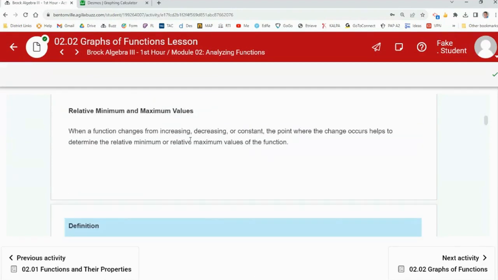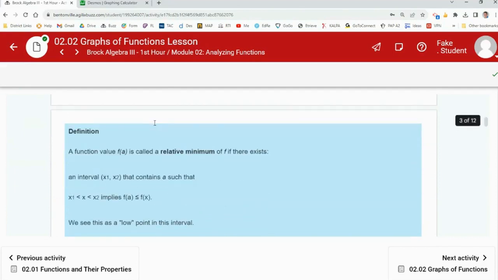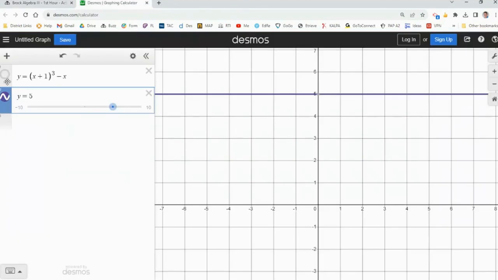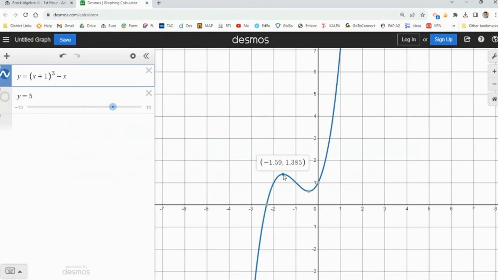Okay, relative minimum, relative maximum, as I talked about. That's the fancy language: there's an interval that contains a such that f of a is less than or equal to f of x. Relative minimum. It's like, what? It just means, going back to this one, that the relative minimum or the relative maximum has a smaller or larger y on either side of it.